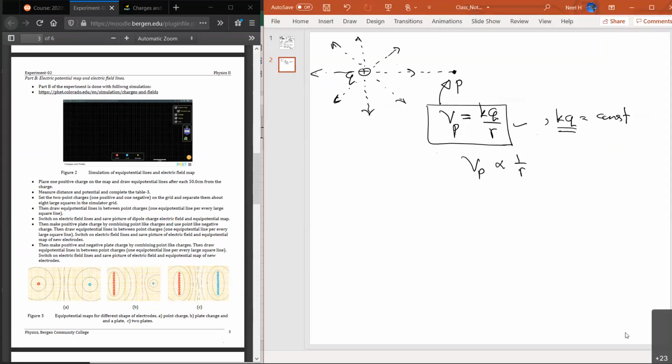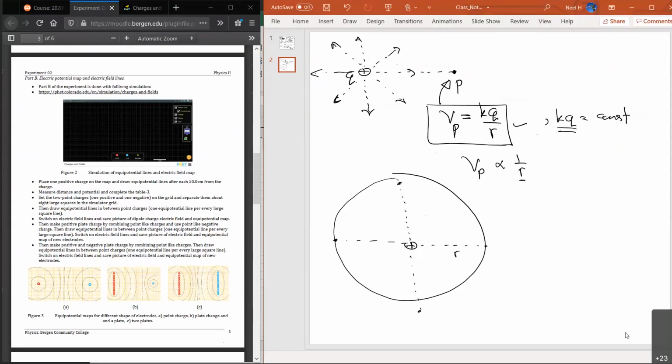So if I keep this r constant and go around the charge, marking points at the same r distance, I get the same potential at each point, so you will get a circle around this point charge q.